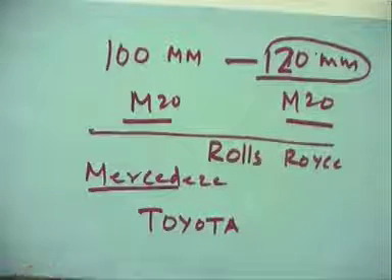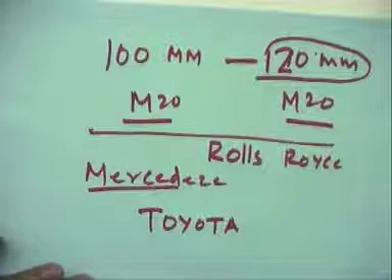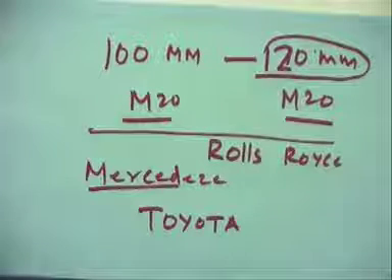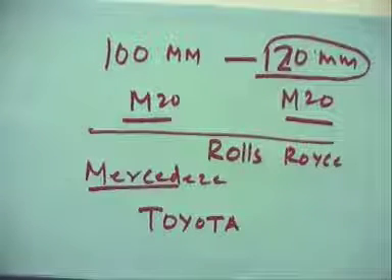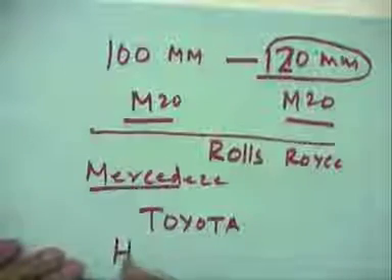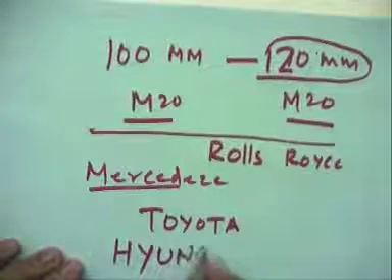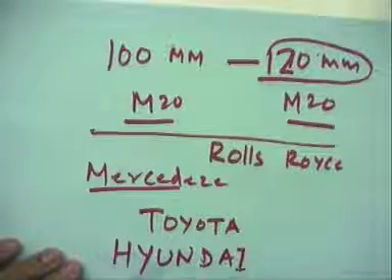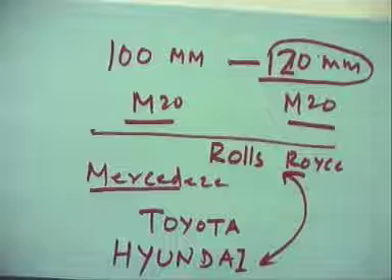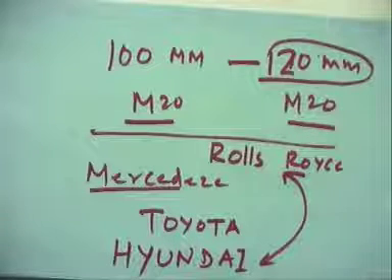Okay? Clear? Now, which one do you call a quality product? Or let's say there is another product, a Hyundai car. So let's say you have to compare between this and this. Which one do you say is a quality car?